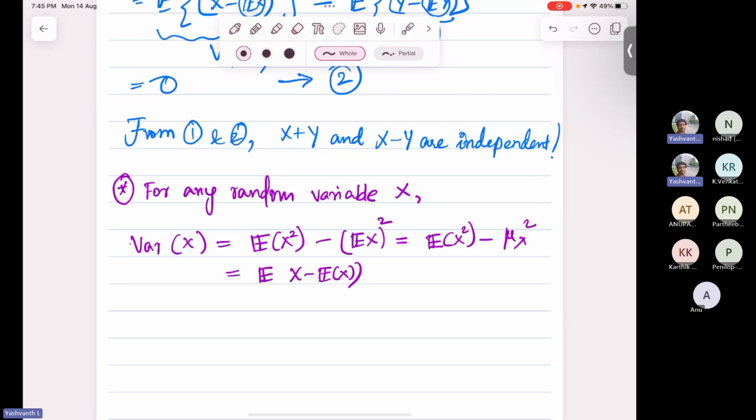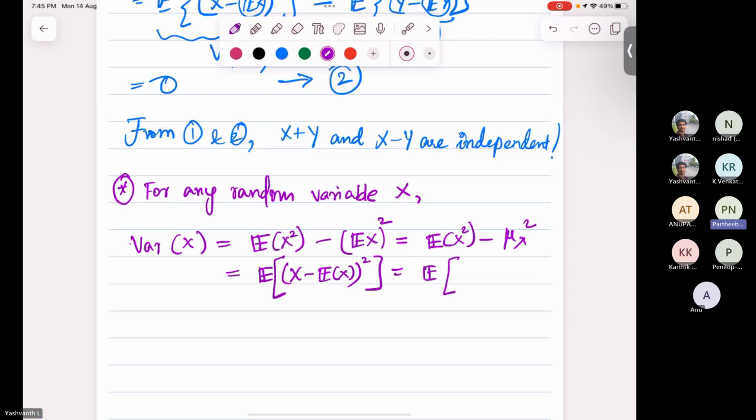Let me write it again. The same as expectation of x minus mu x square. All four are the same quantities.